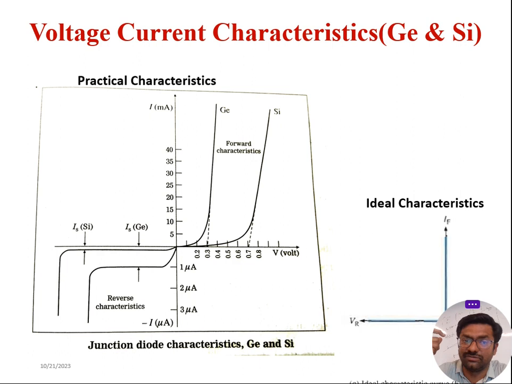Whenever we apply an AC signal, we saw how to decide whether the diode is in forward or reverse bias. After that we saw the VI characteristics, separately for forward bias and reverse bias, then for both silicon and germanium at a time, and even the ideal diode VI characteristics.